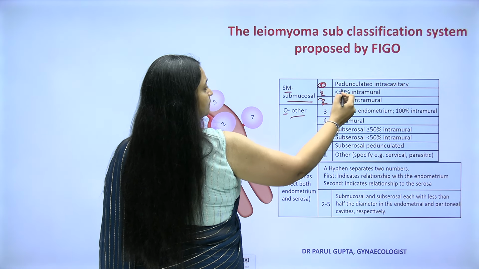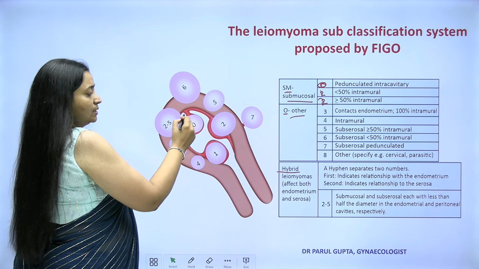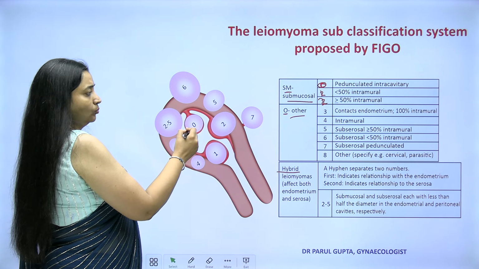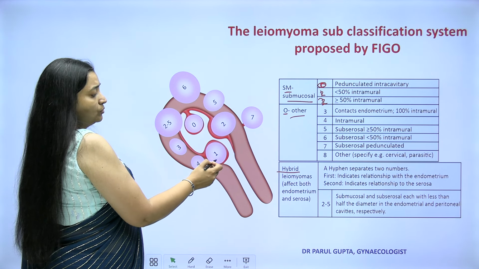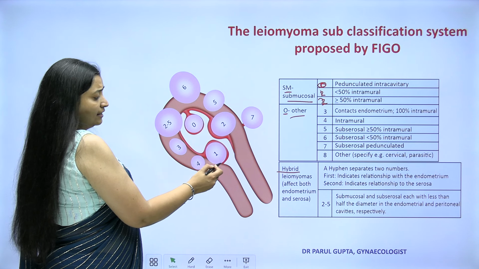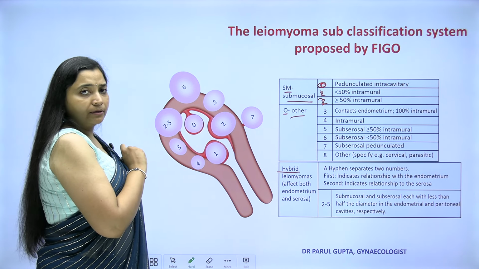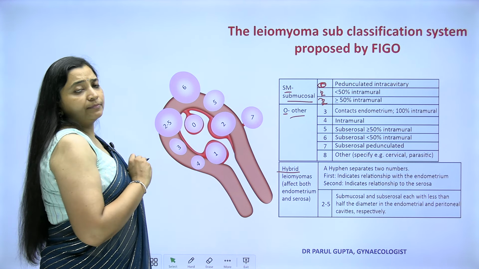So 0 is pedunculated intracavitary submucosal fibroid, pedunculated totally inside the endometrial cavity. Then 1 is a submucous fibroid with less than 50% of the body lying inside the myometrium. It is still attached to the myometrium but only less than 50% of the body.